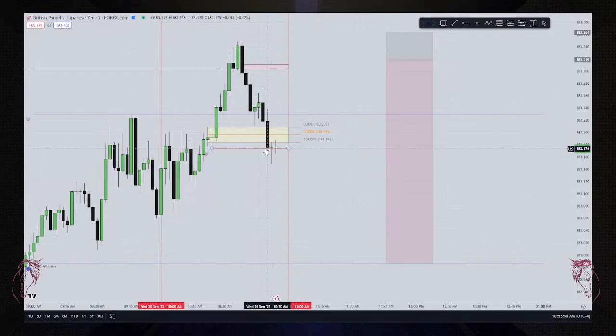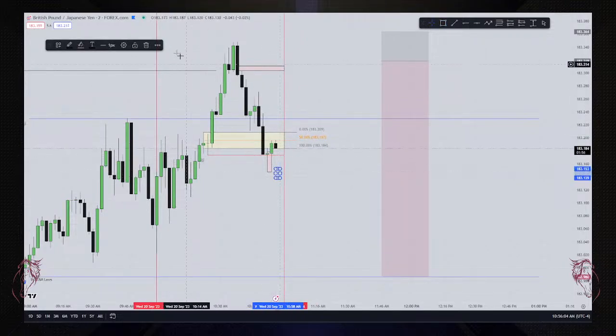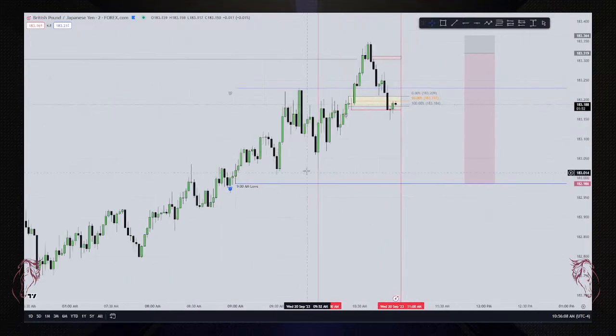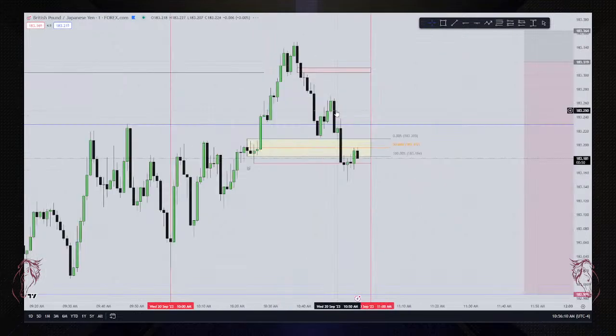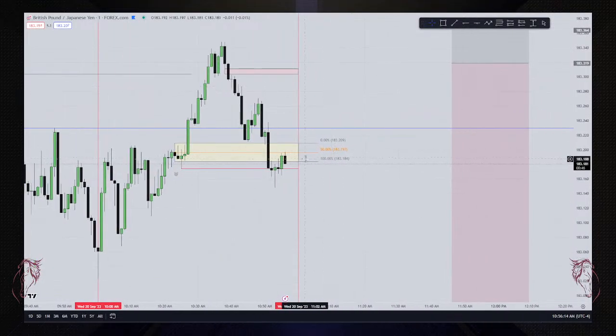What I wanted to see was a large body close below this with a FVG right between these levels. That's where I would have liked to take an entry if that happened. But 2-minute did not close below, so it doesn't validate my entry. So we're going to see what it does from here.